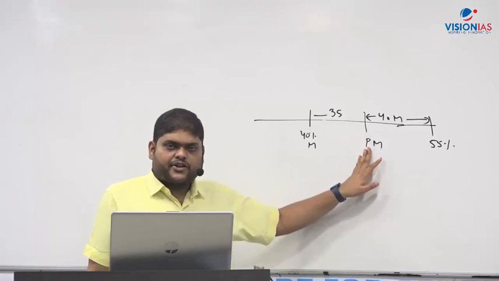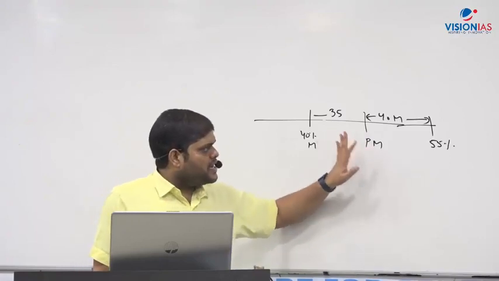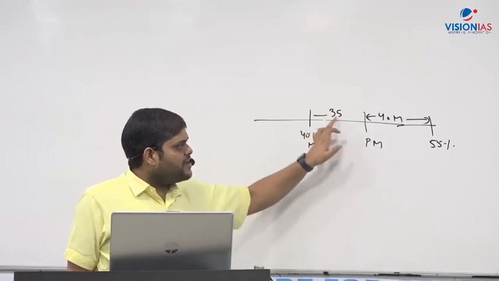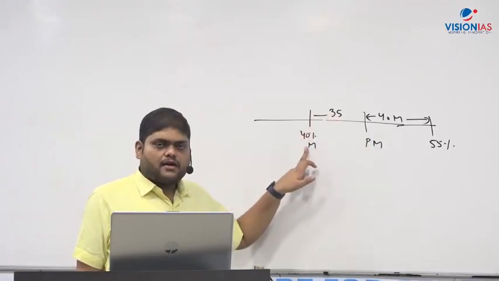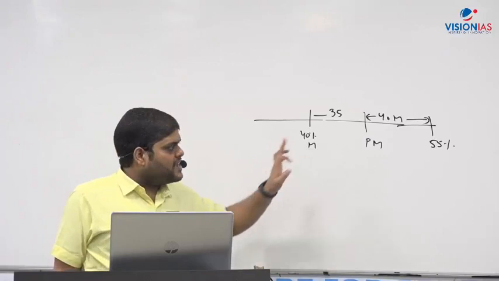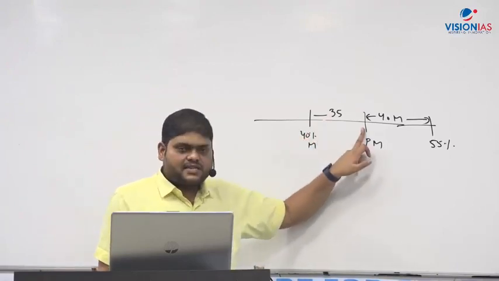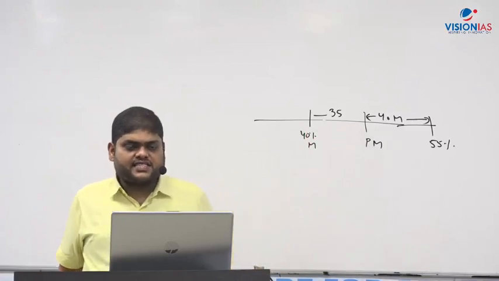Are you getting my point or not? So if this is the passing marks, that is 35 more than these marks. We can say this thing. If I add 35 marks to this 40% marks, I would have passed.